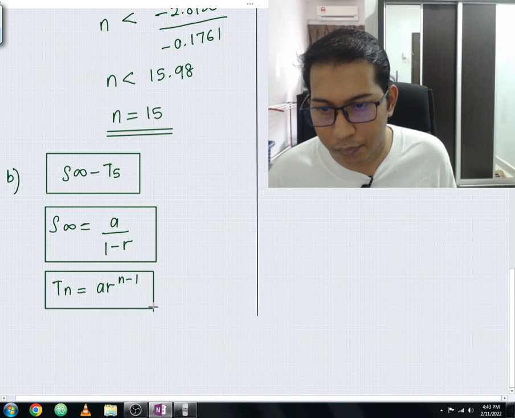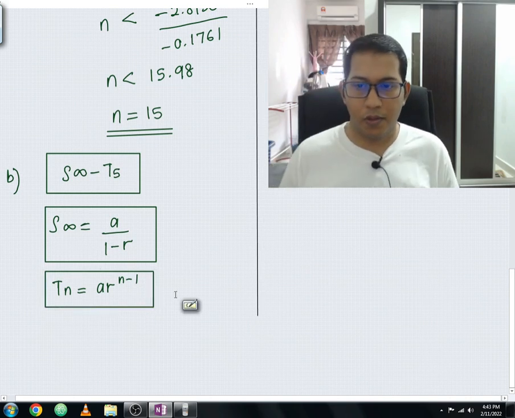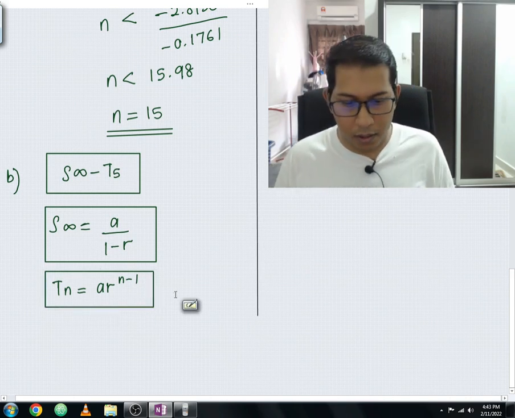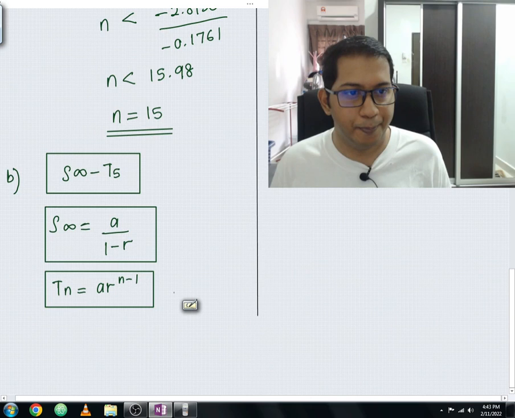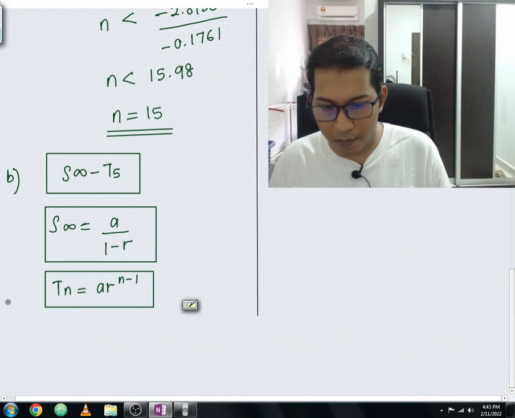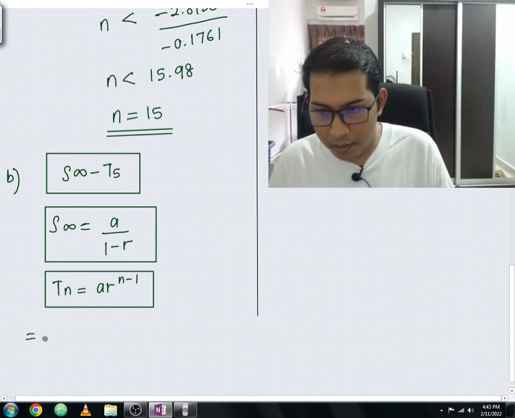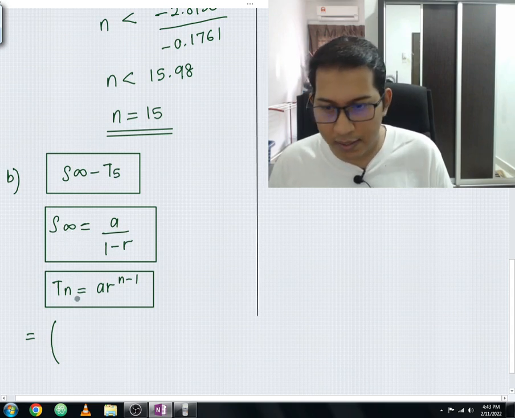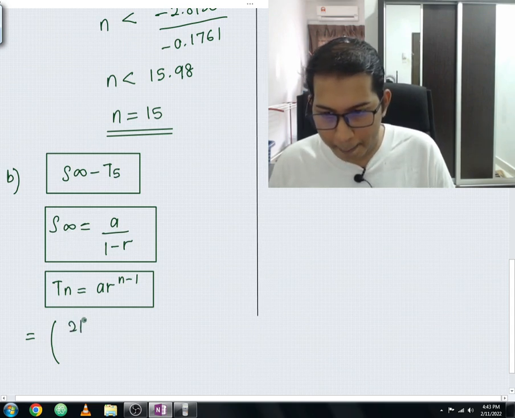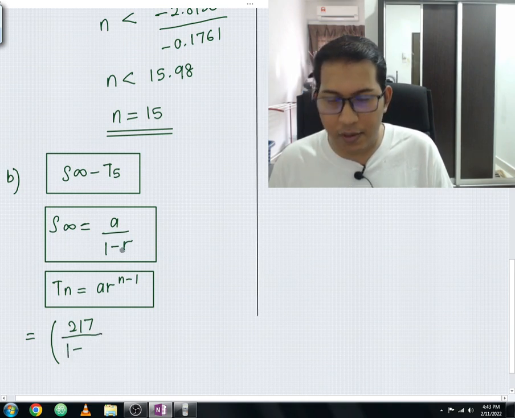So I've already listed all the formulas. What we do is follow this and use the information to come up with the working. The first term A is 217, divided by 1 minus R. In this case your R is 2 over 3.